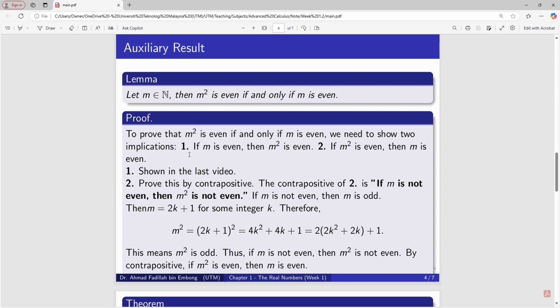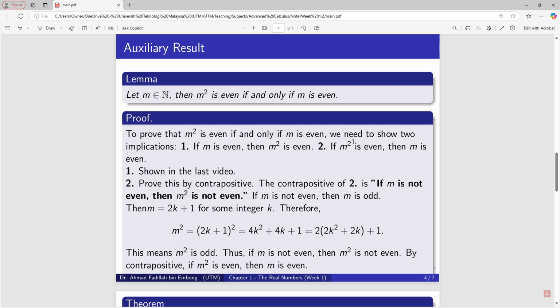Now to prove the first statement, if m is even, then m squared is even, this one is quite obvious, and I already explained it in the last video, where I used this example to show the direct method. So you can prove that if m is even, then m squared is even, by using the direct method.